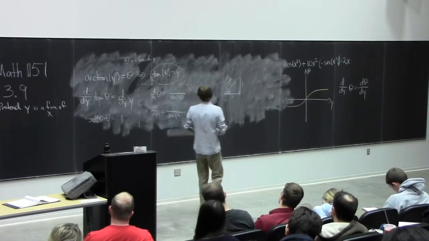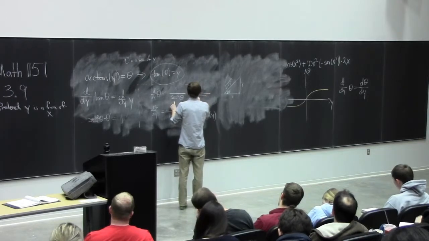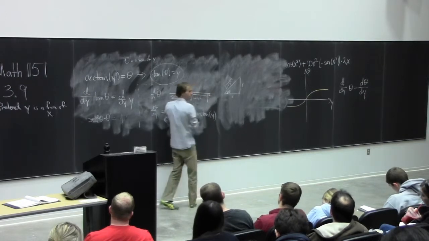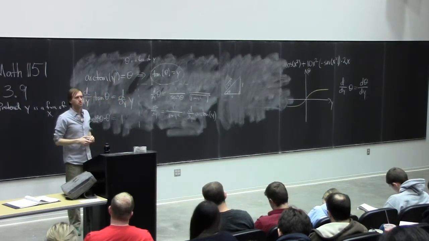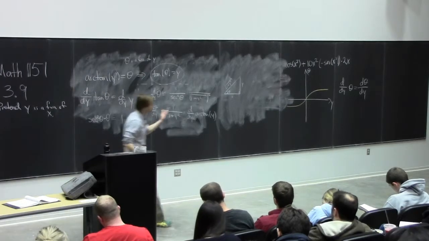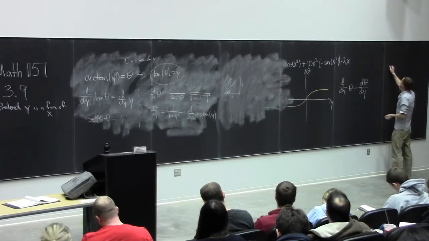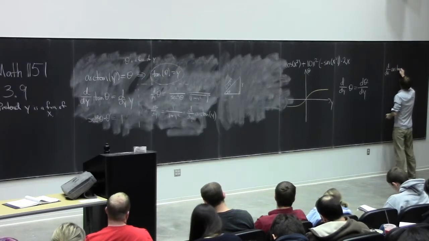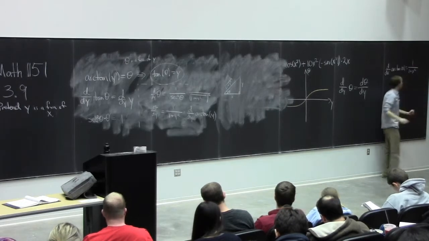Yeah, so this is equal to 1 over the square root of 1 plus y squared, squared. So let's write this down over here. d over dx of arctan of x equals 1 over 1 plus x squared.